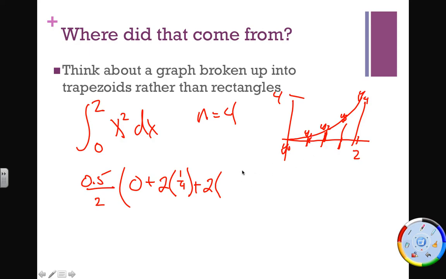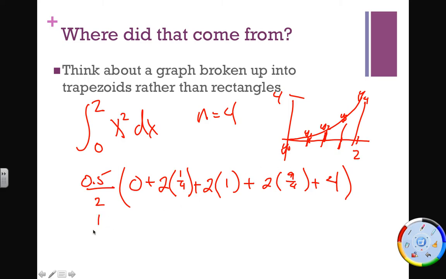This is a 1, so 1 squared is 1, plus 2 times, that's 3 halves, so it becomes 9/4, plus a 4. Remember, the beginning and the end don't have the 2 on them.